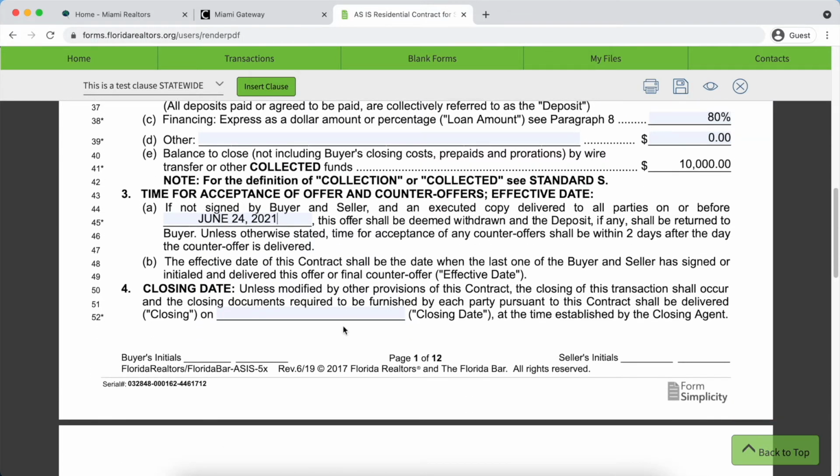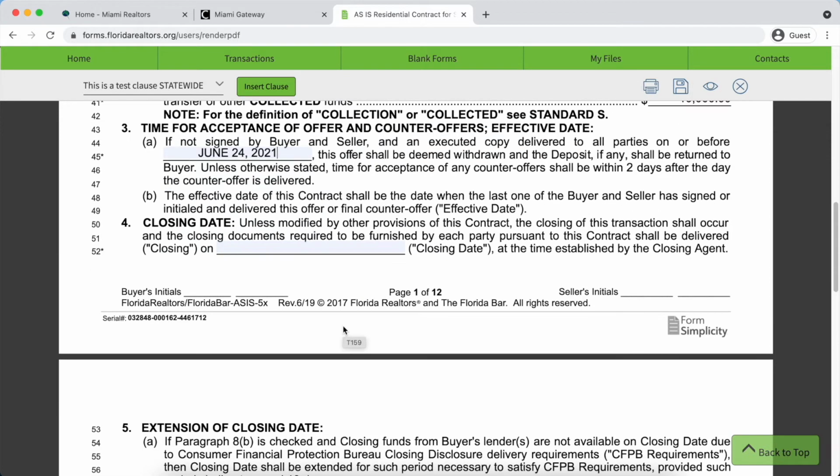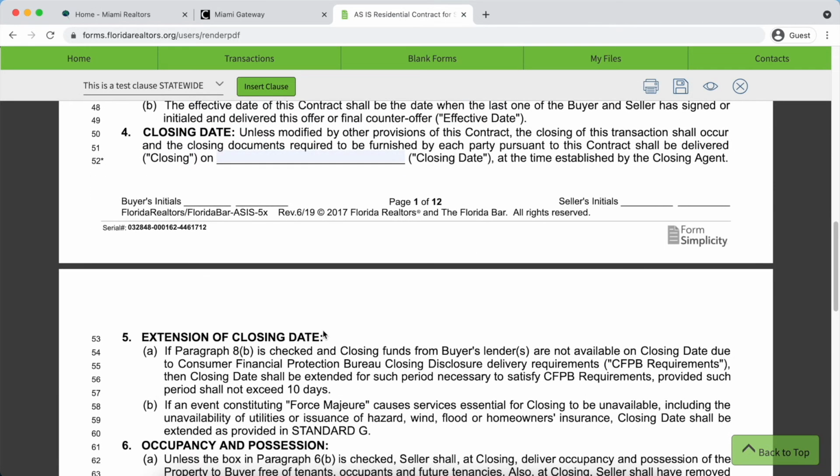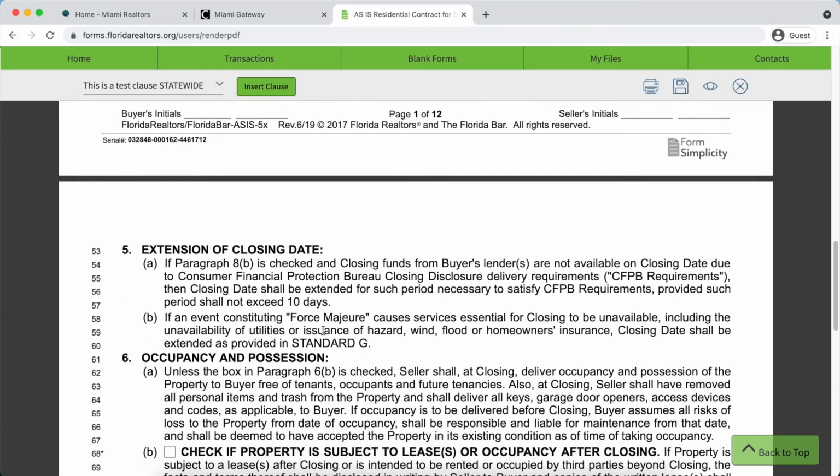Generally speaking, on a finance deal in this market, you'd like to get it done within 30 days. But don't be surprised if there's an extension needed because even title is behind. Everything's so busy lately that sometimes things are a little bit delayed. So closing could take anywhere from 30 to 45 days. You'll have to see where you think you're at with the type of client that you have.